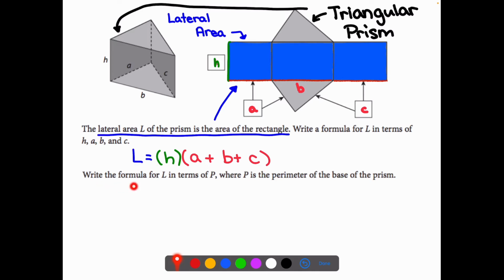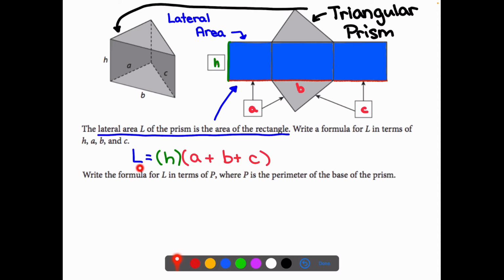Next, we want to write the formula for L in terms of P, where P is the perimeter of the base of the prism. Well, the base of our prism is these triangles. And the perimeter of our triangle, the base, is A plus B plus C. Well, we see that in our previous equation. A plus B plus C is right here in red. So that must mean that this is the perimeter of the triangle.